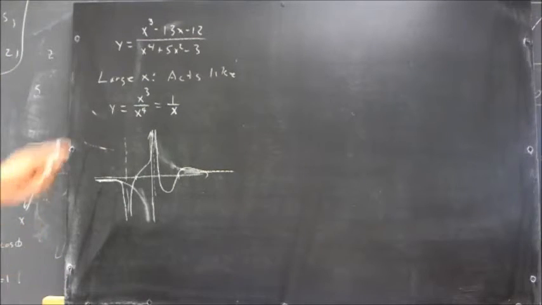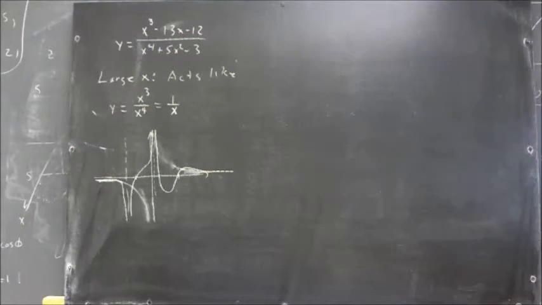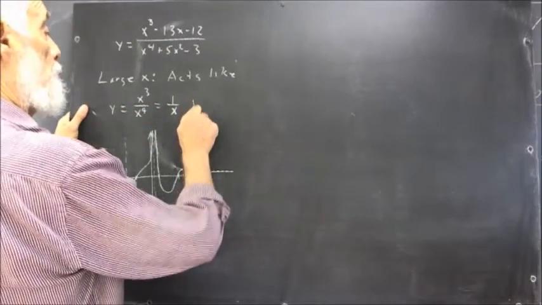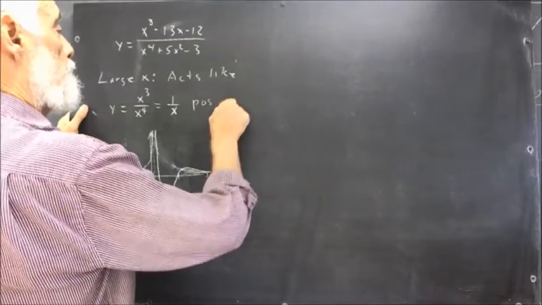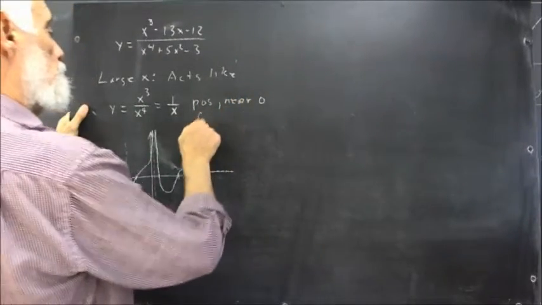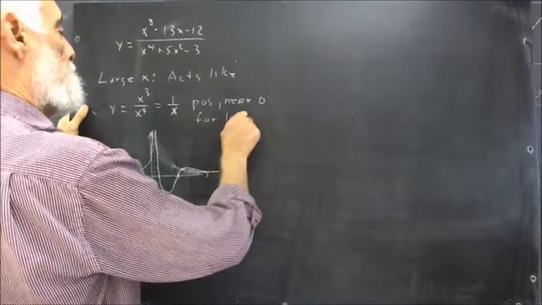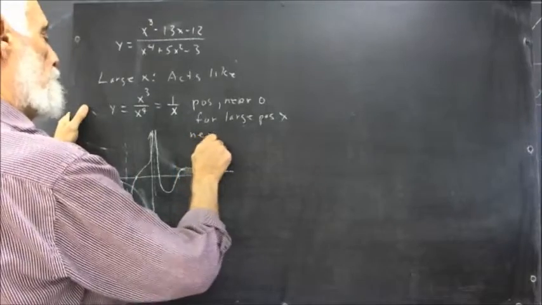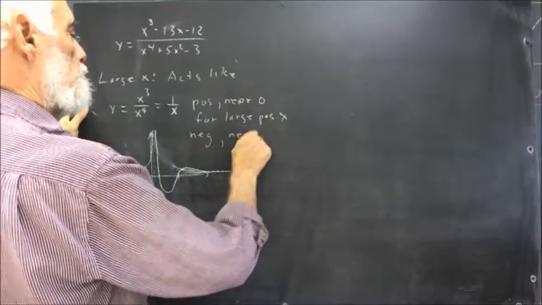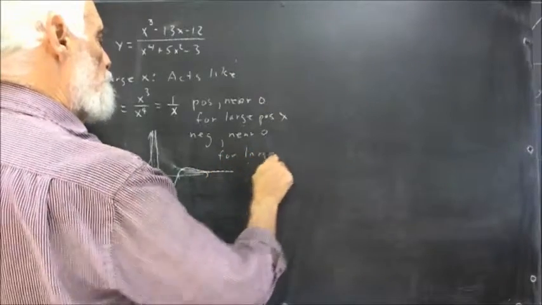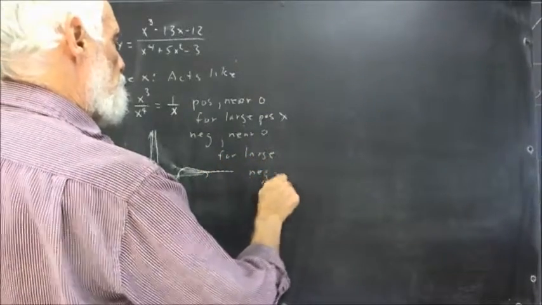So, 1 over x is positive and near 0 for large positive x, negative and near 0 for large negative x.